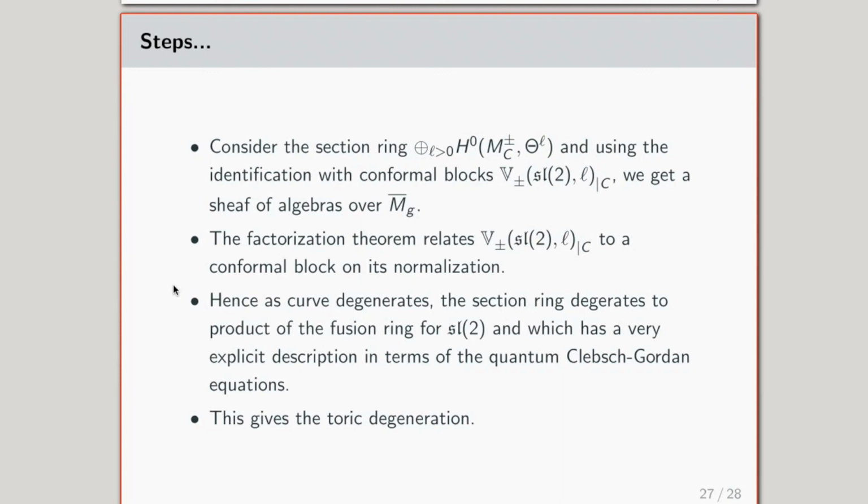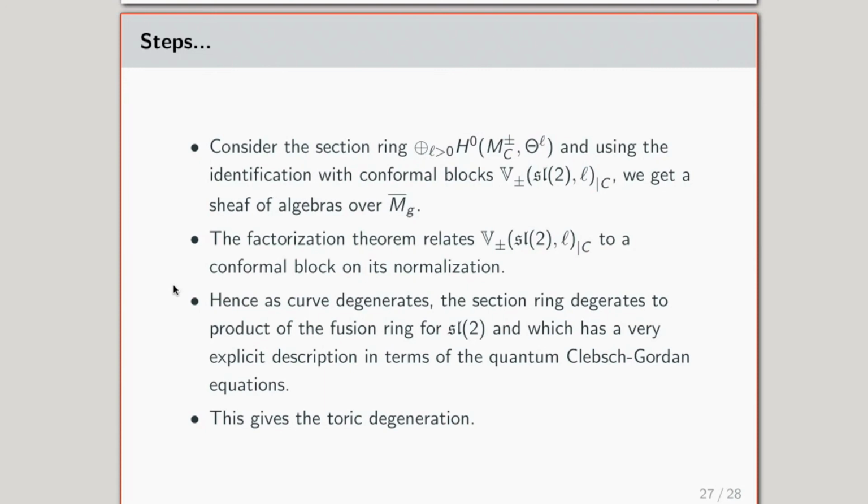So if you have a maximally degenerate curve, you normalize, and you get a bunch of P1s with 3 points. Then you need to study conformal blocks on 3 points, which leads to what is known as the fusion ring. It's a quotient of the ring of representations of SL2, and that ring has an explicit presentation. That's exactly the quantum Clebsch-Gordan equation that we showed earlier.